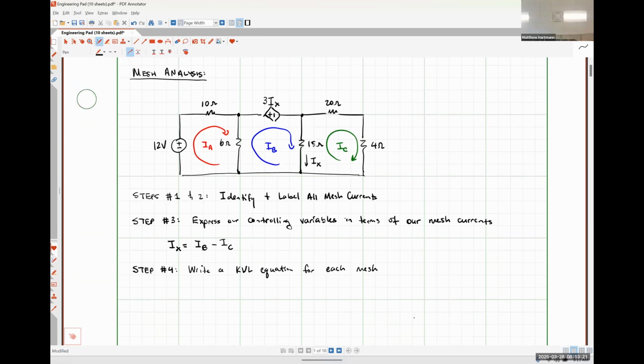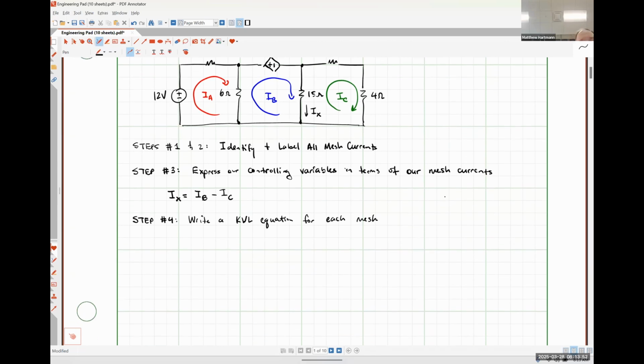So I have 3 different meshes here, so I'm going to wind up with 3 different KVL equations. When I'm applying KVL at mesh A, I'm just going to follow that mesh current IA around its clockwise path. So essentially, I should see that all of my IA terms are going to have a positive sign, and then any current that's flowing in the opposite direction of IA will wind up getting a negative sign, okay?